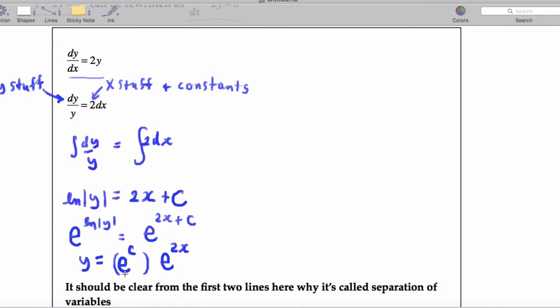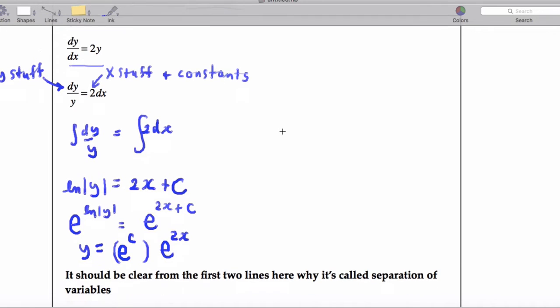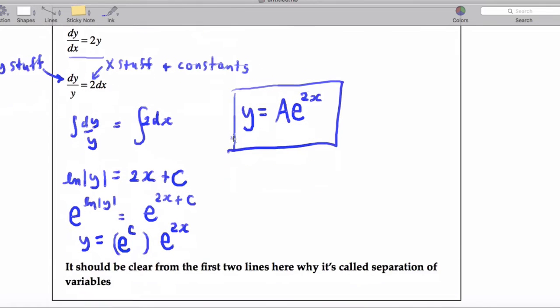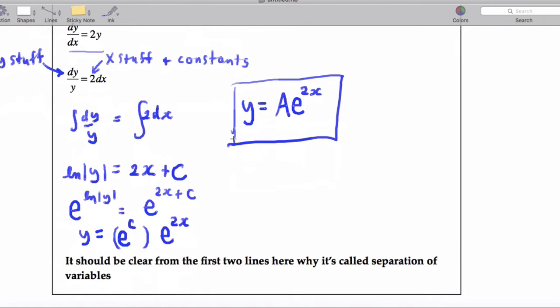So since this is a constant in the first place, instead of calling it e to the c, I'm just going to rename this thing. I'm just going to say y equals a e to the 2x, and I see that that indeed is the answer. Okay, so this is the very first example of separation of variables.